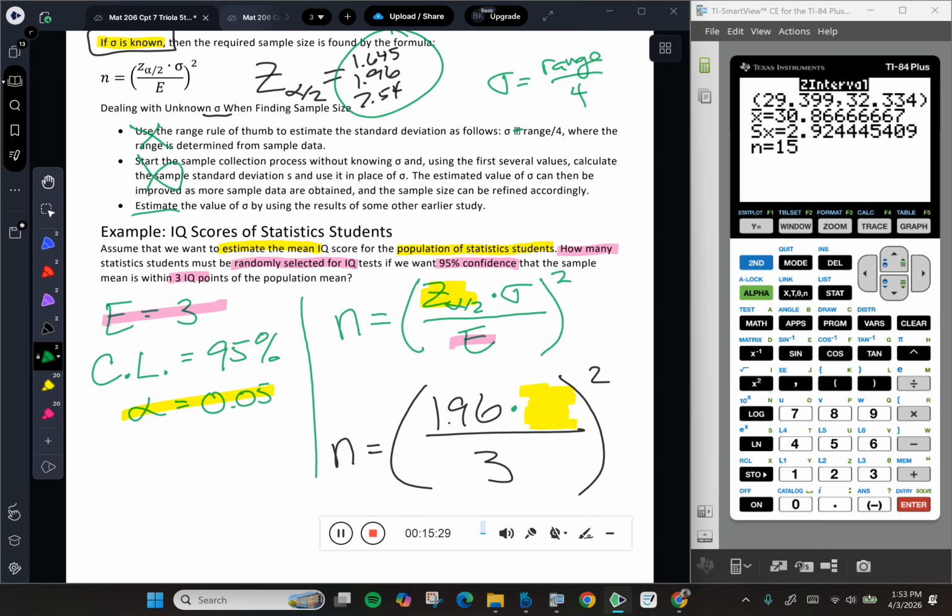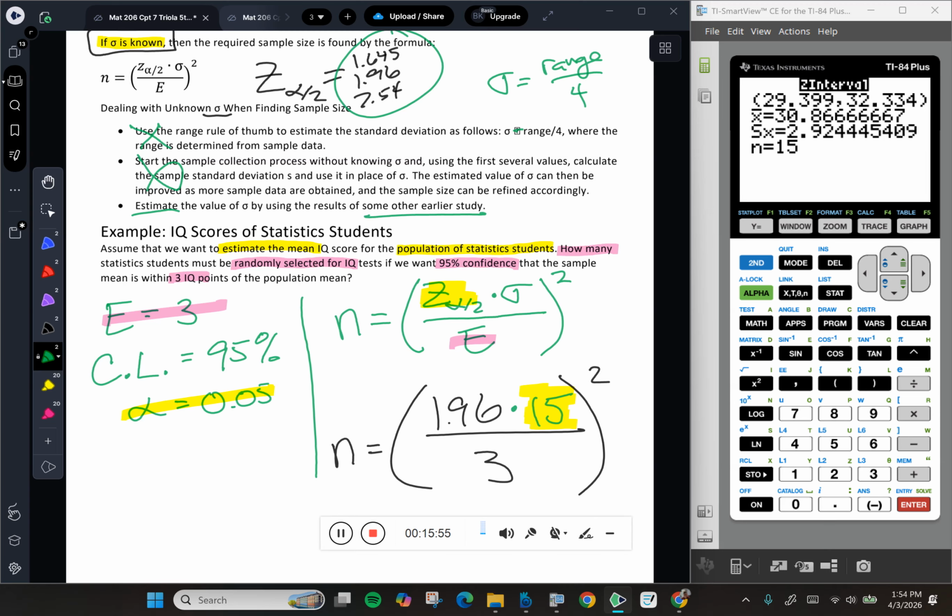Maybe I'll go online and Google what the standard deviation is for an IQ test. The standard IQ test has a standard deviation that is set to be about 15. Now, I don't expect that you would know that, but I'm just showing you an example of some earlier study, some other data set, that says it's about 15.